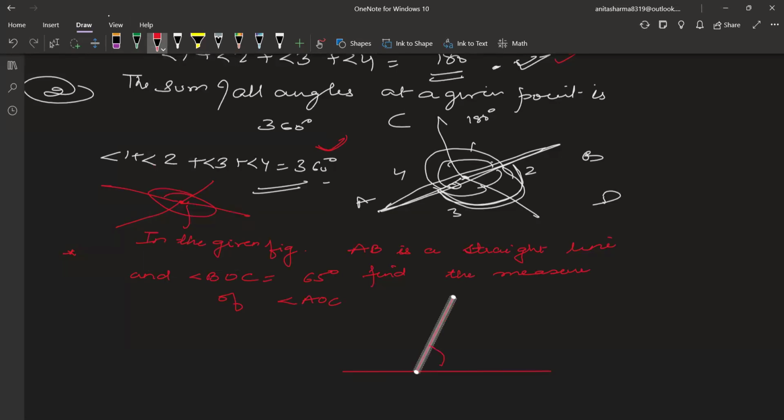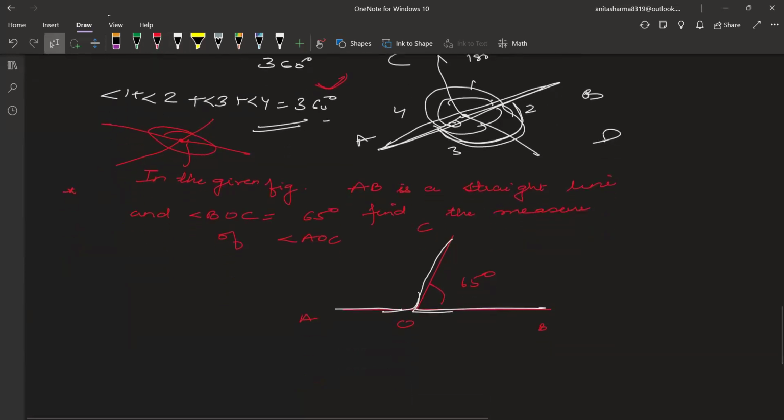This angle is 65 degrees. So children, see angle AOC and angle BOC. These two angles are adjacent angles or not? So they are adjacent angles.